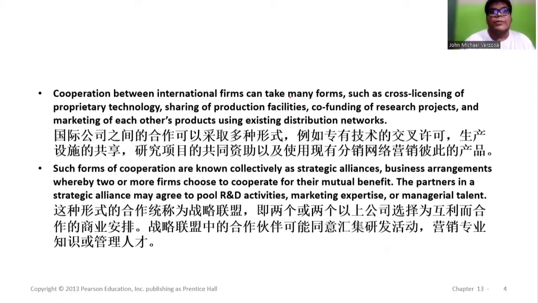It can take many forms, such as cross-licensing of proprietary technology, sharing of production facilities, co-funding of research projects, and marketing of products using distribution networks. Such forms of cooperation are known collectively as strategic alliances.